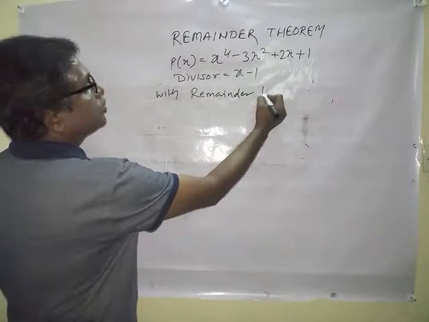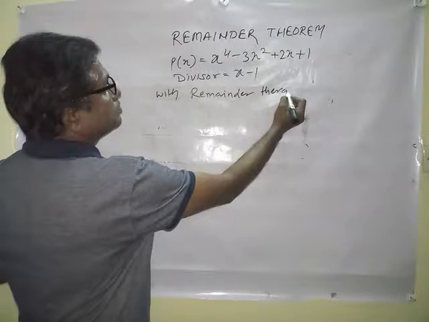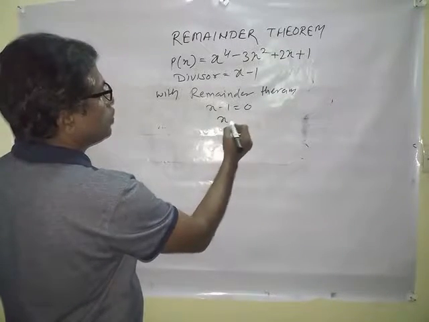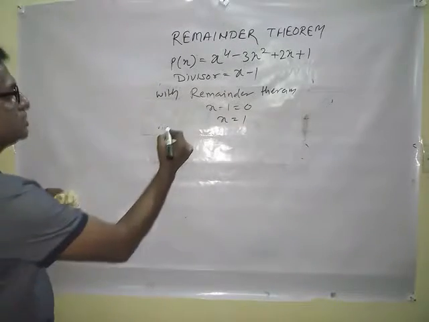With the remainder theorem, x minus 1 is equal to 0, so x is equal to 1.